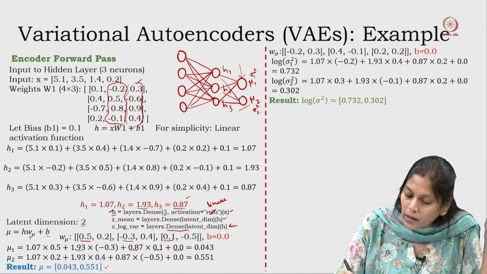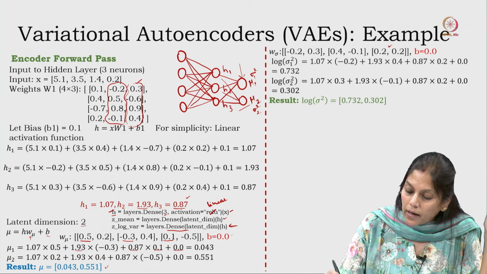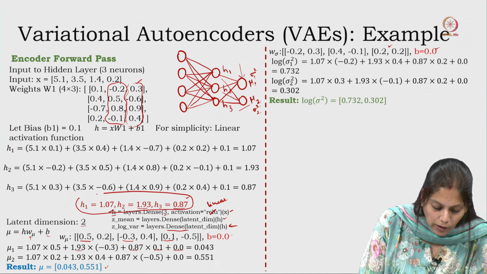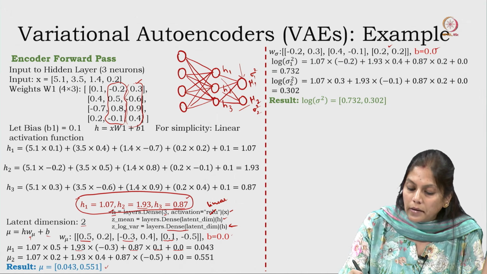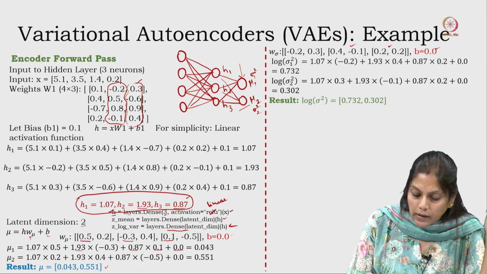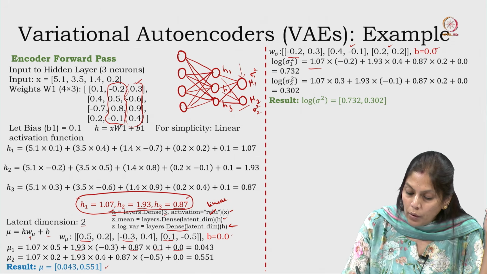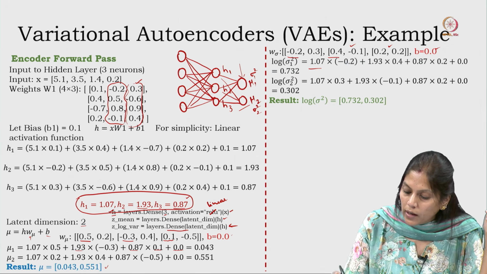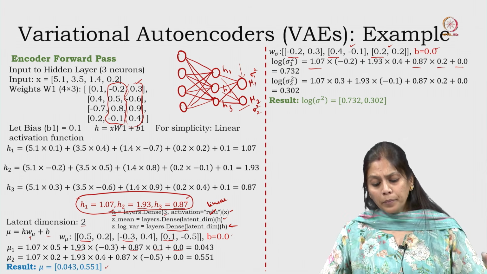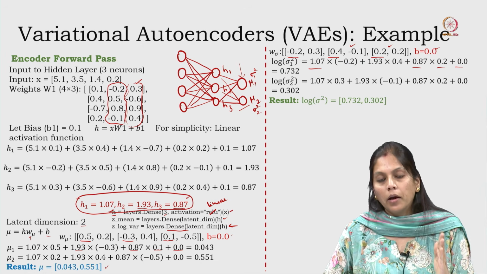Let us assume these are the weights that we are considering, and this is the bias. So, once again we have the h values and these are the weights. Do a simple calculation: h1 multiplied with its weight, then h2 multiplied with this weight, and h3 multiplied with this weight, and then the bias term. So, this is the mean and then the variance that we have obtained.